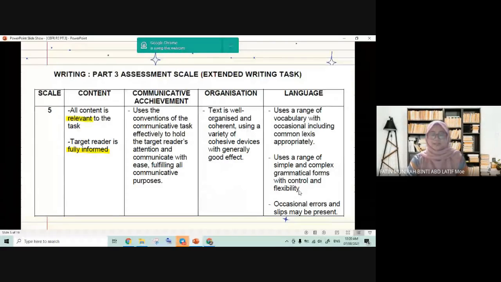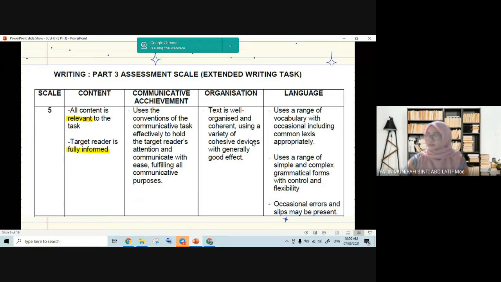Yang kompleks dengan compound sentence, kalau ada sikit error, it is still forgiven, masih dimaafkan. And then occasional errors, kalau ada sikit-sikit salah pun tak apa, awak masih dapat 5 markah. Yang penting simple sentence betul, vocab guna yang bersesuaian.